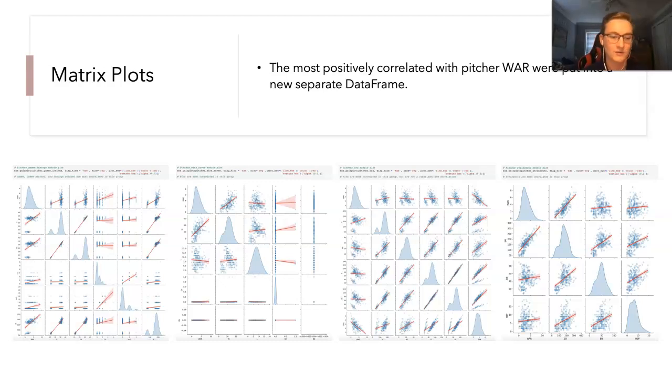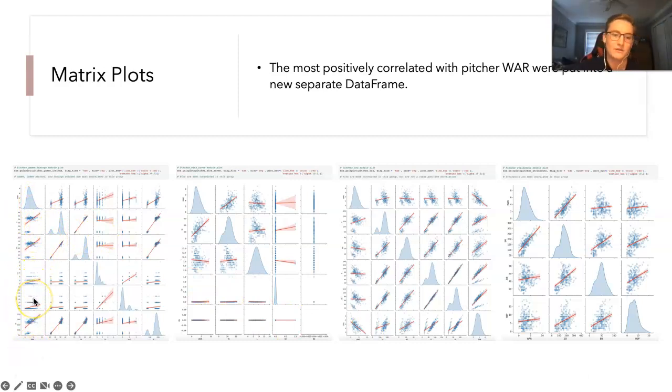I pretty much disregarded any of the metrics that did not have a strong positive correlation. In this first plot, I kept games started and innings pitched, as they're very positively correlated.